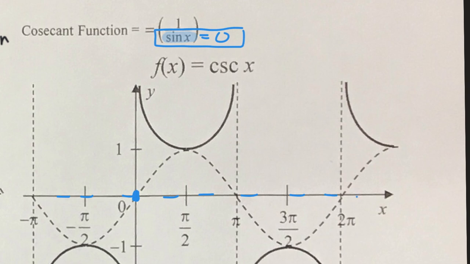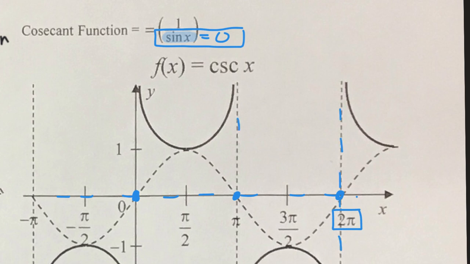So sine starts at the origin, has a 0 at the start. It has a 0 at the period, so it has a standard period of 2 pi. And it's 0 in the middle. Okay, so this is our standard graphing for sine: 0 at the start, 0 at the end, and 0 in the middle. So notice that's where your asymptotes are.